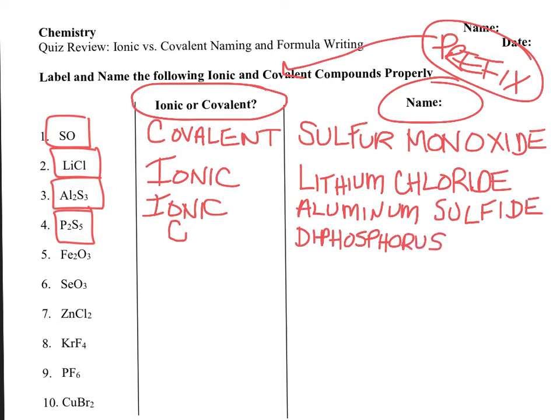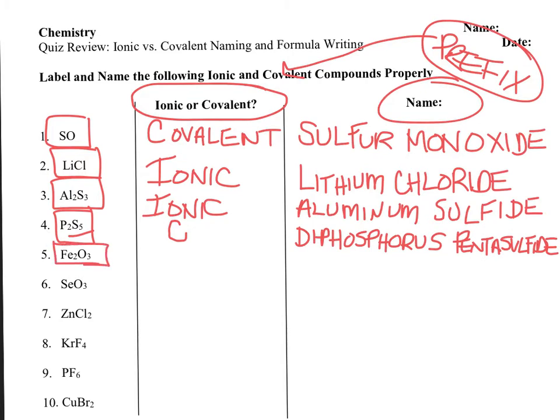It's not like diphosphide or anything. It's diphosphorus. And then I have 5 sulfurs. So that would be penta, and sulfur becomes sulfide. So pentasulfide. Let me see if I can squeeze that in here. I'm running out of room. I think I got it though. Pentasulfide. All right, nice job. When it's covalent, we use the prefixes.